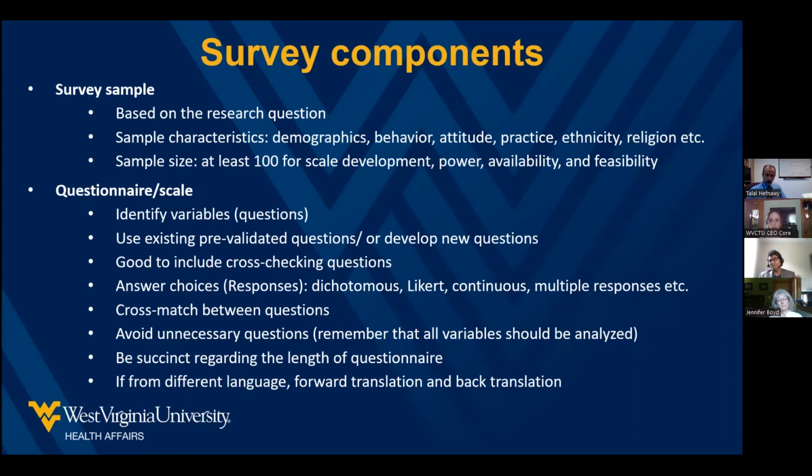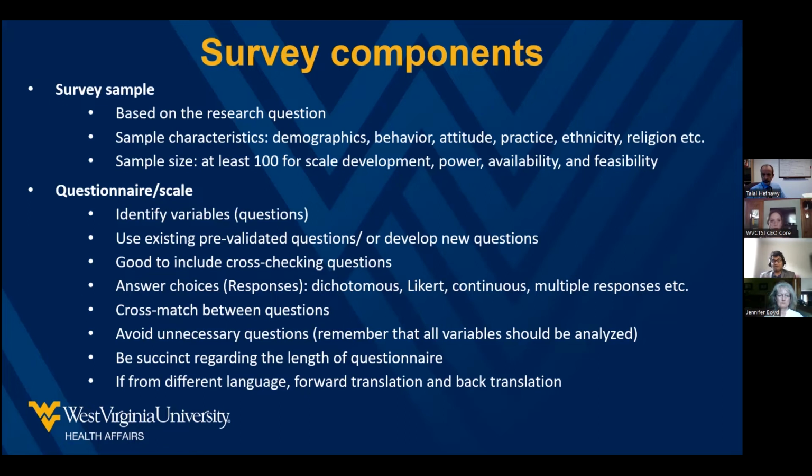So if we include any question and there are several other questions, we always keep in mind that this question should be related to the other questions, like if we want to see any correlation or any connection between the questions. So this is the cross match between the questions. It will help us in the future while analyzing, if you want to see some connection between two variables.